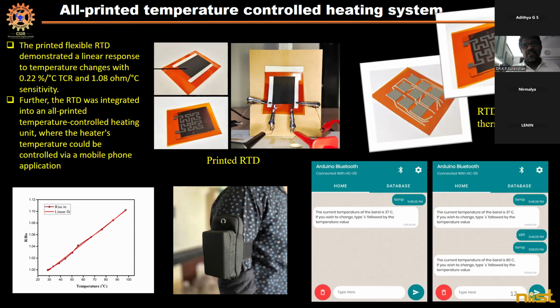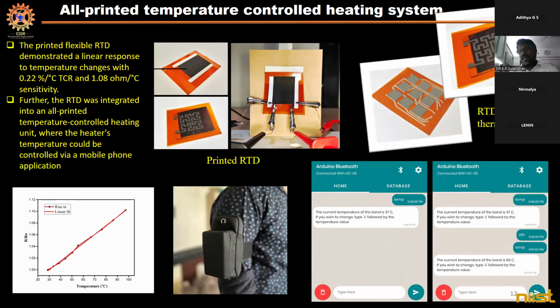The moment you step into the car, you feel like you are going to die. That kind of freezing situation is there inside the car. We are currently doing this work as part of another project, and I'm not going to give the details, but this kind of sensor is highly useful for sensing the temperature around a particular area.